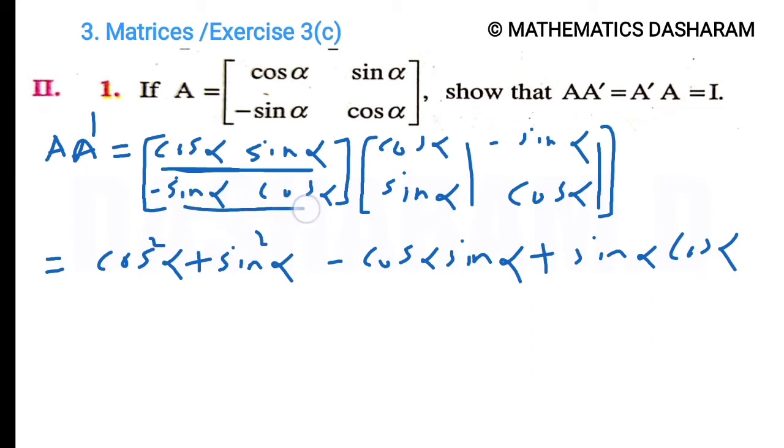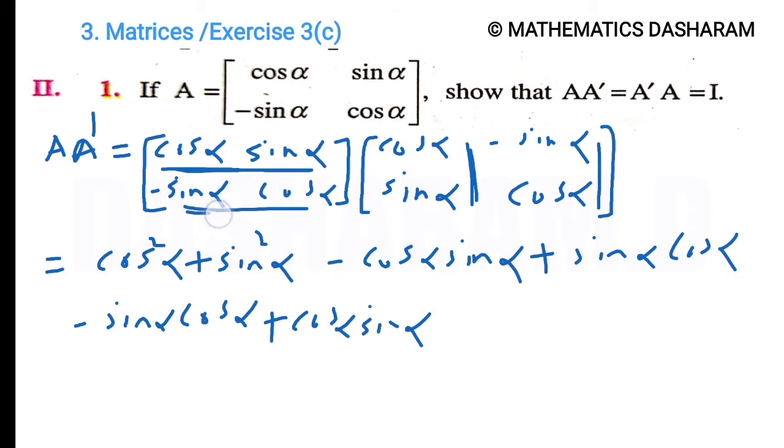Next, second row multiplies with the first column, so minus sin alpha into cos alpha, plus cos alpha into sin alpha. Next, second row with the second column, minus sin alpha into minus sin alpha is sin square alpha, plus cos square alpha.